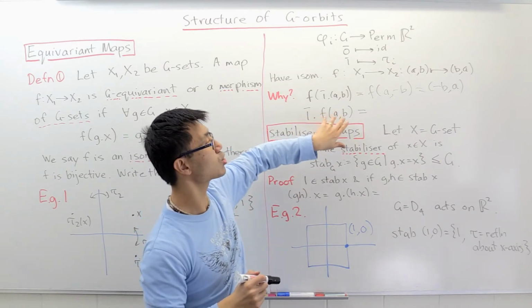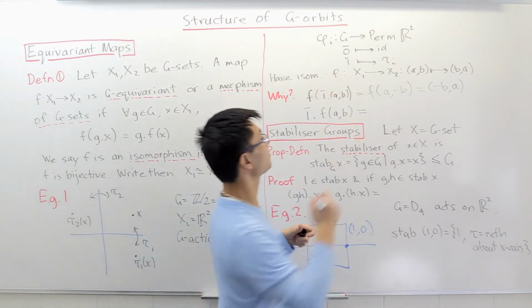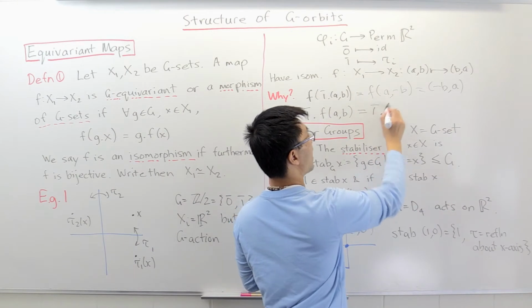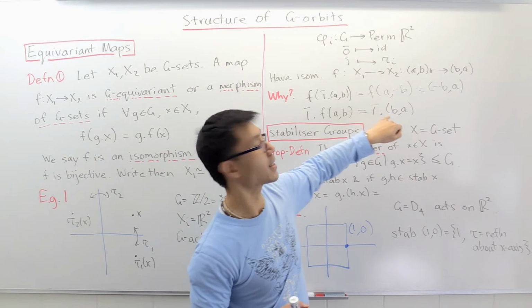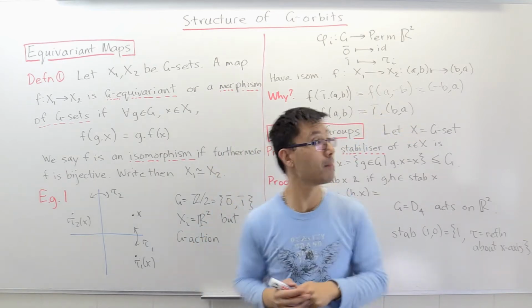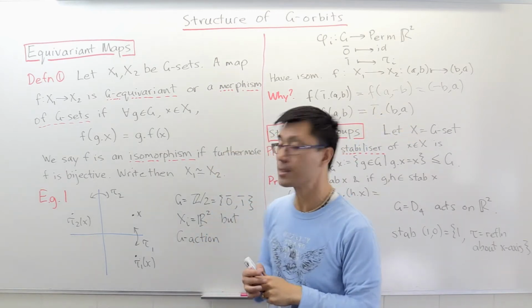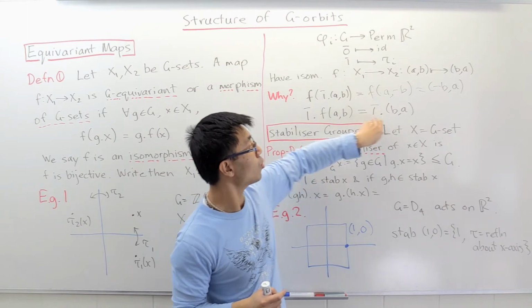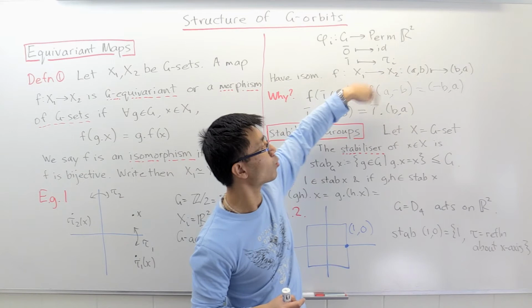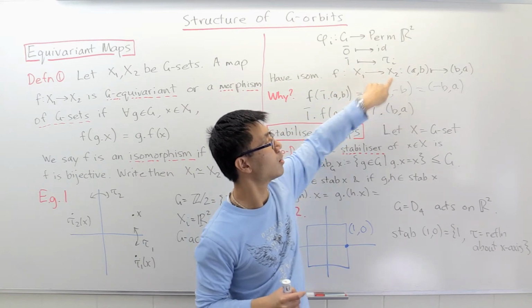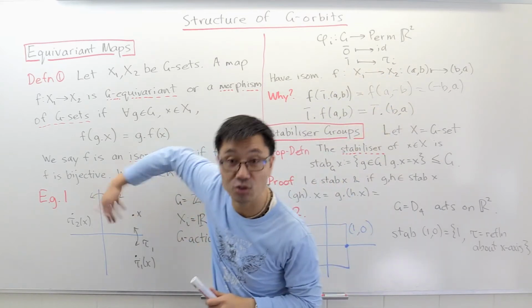Let's have a look at the second one. f of (a, b): you swap the a and b, that's what f does, and let 1 bar act on it. Now what's 1 bar acting on this (b, a)? You're over here inside x2, and you're letting the 1 bar act inside x2. So that action is via tau 2.